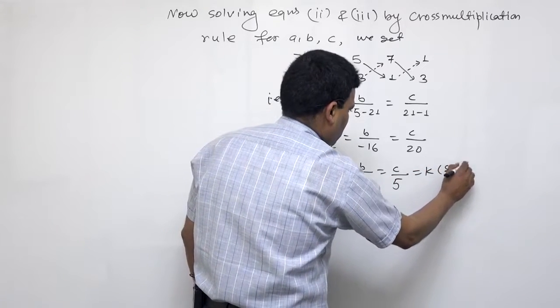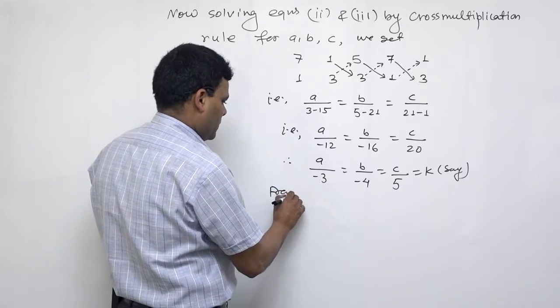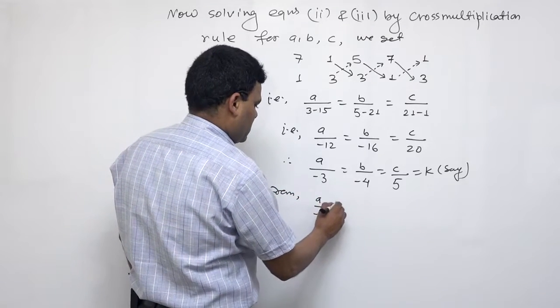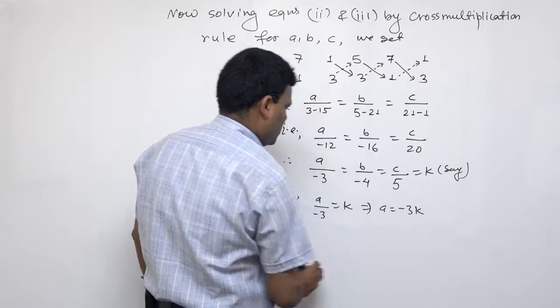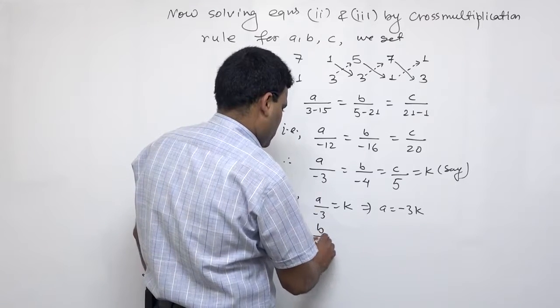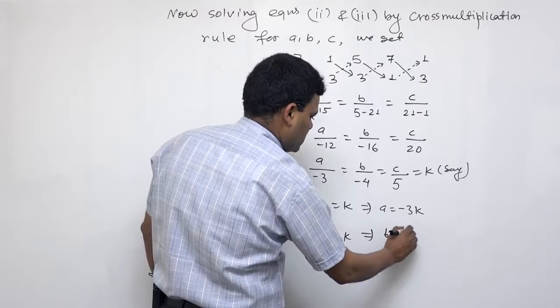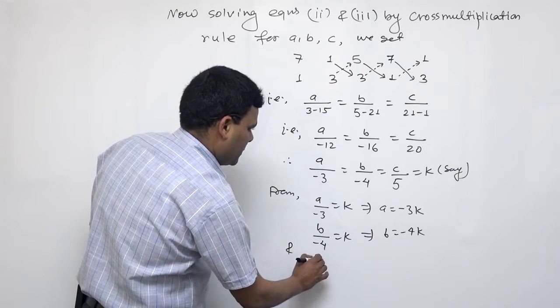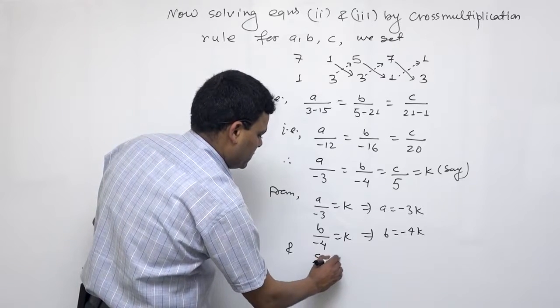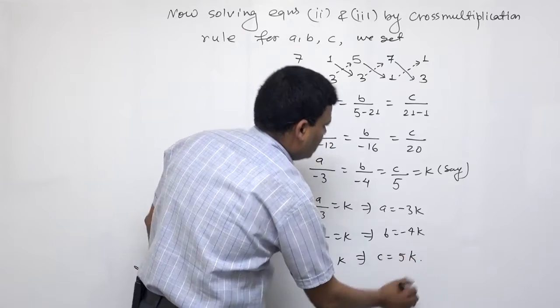Say, from a upon minus 3 equals k, a equals minus 3k; b upon minus 4 equals k, b equals minus 4k; and c upon 5 equals k, c equals 5k.